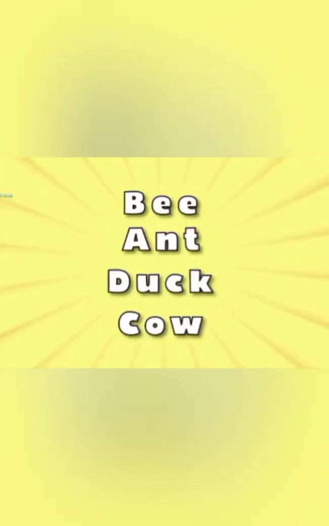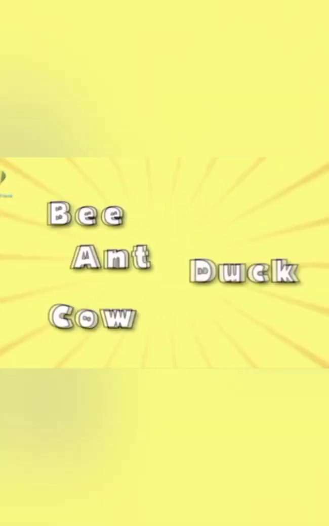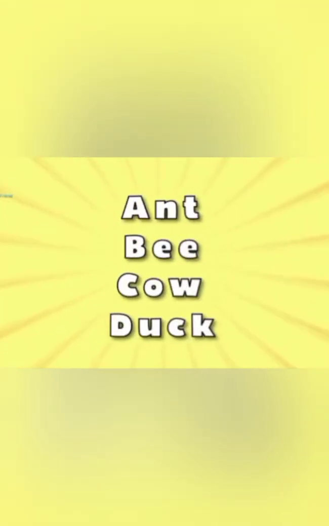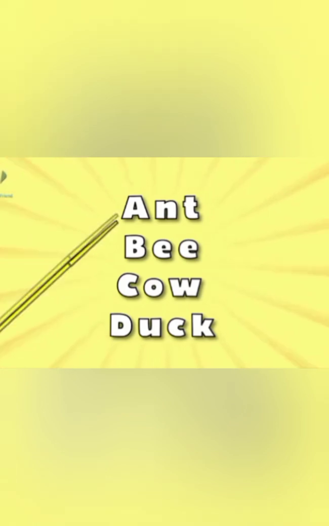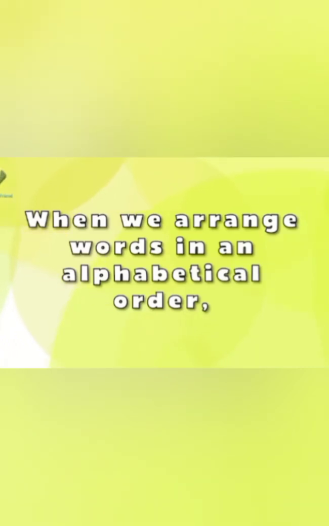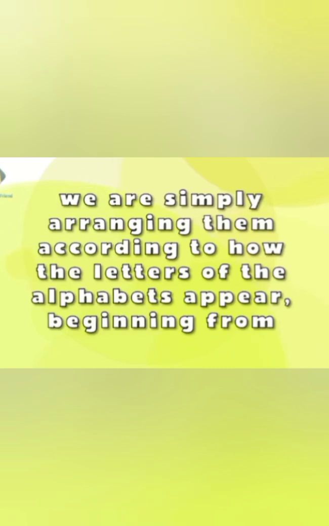And there are different examples. Bee, ant, duck and cow. Okay? So when we need to arrange these words in alphabetical order, we go through the ABC order and check. And when we arrange words in alphabetical order, what do we do?